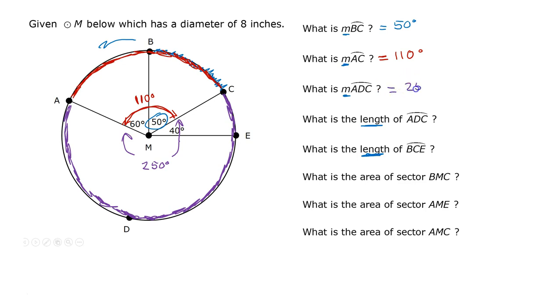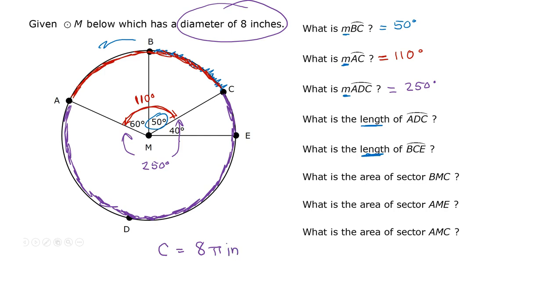It's 250 degrees. Now they ask us for the length of arc ADC. Well, what I do for the length of an arc is I first take the circumference, which in this case, with a diameter of 8 inches, is going to be 8 pi inches.